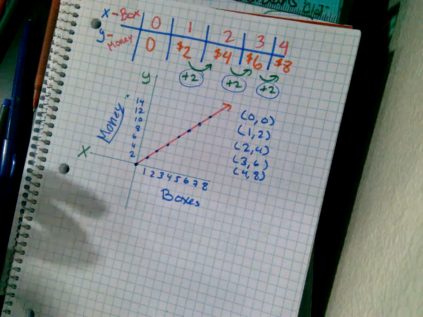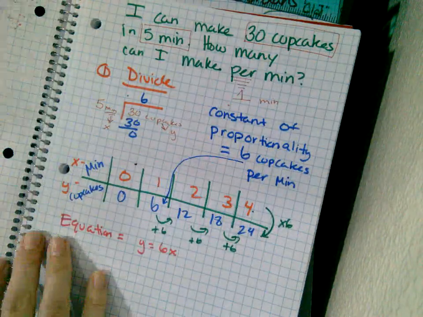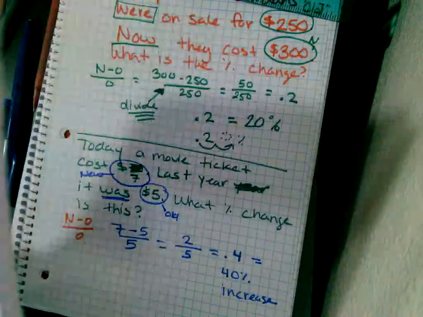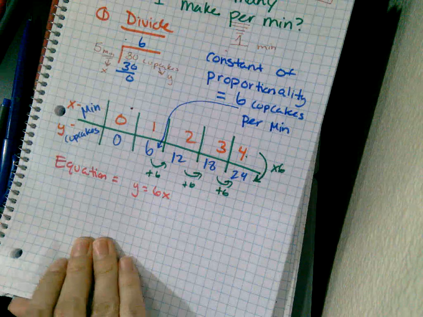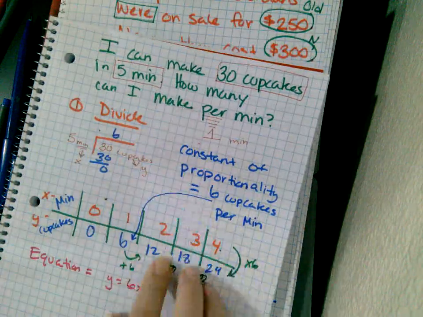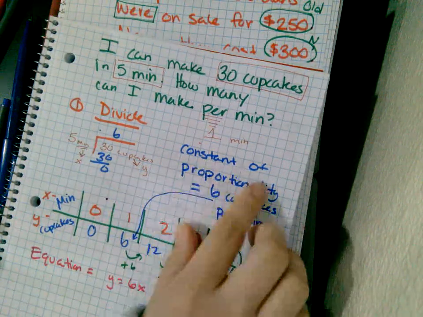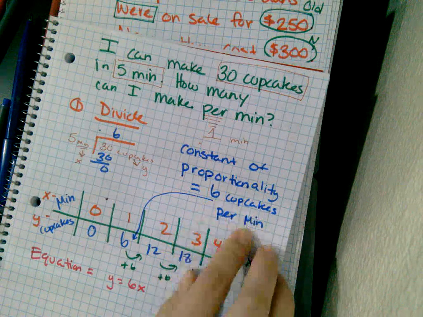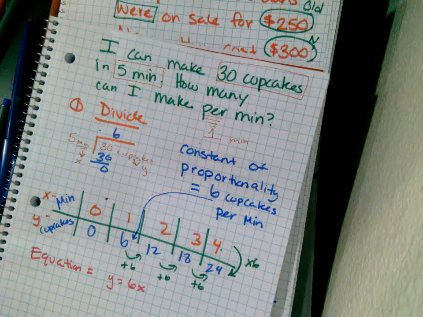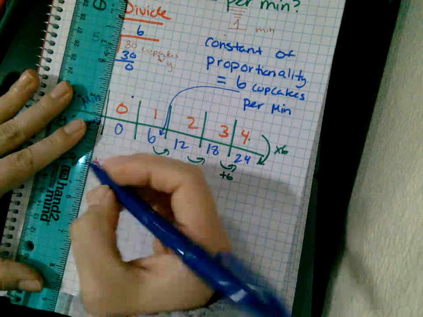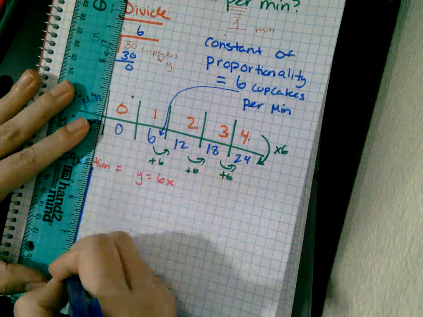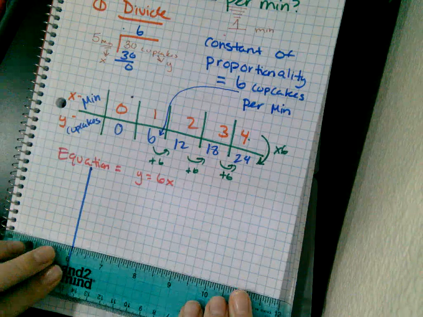All right, we're going to do one more together, which is the cupcakes one. So I can make 30 cupcakes in 5 minutes. So we decided that the constant of proportionality was 6 cupcakes per minute. So we're going to draw our XY for this problem.